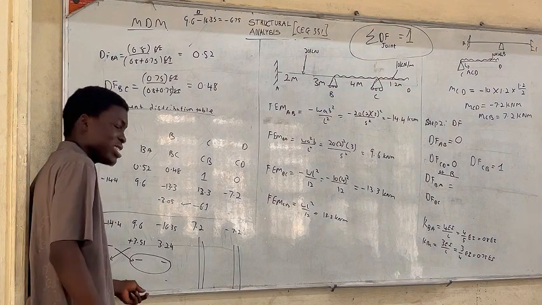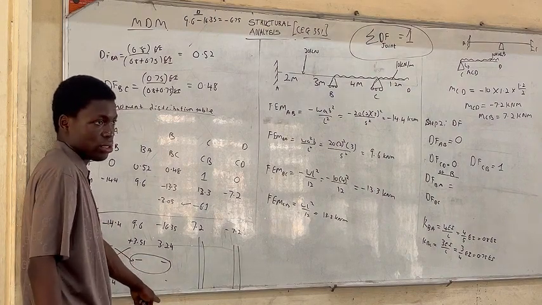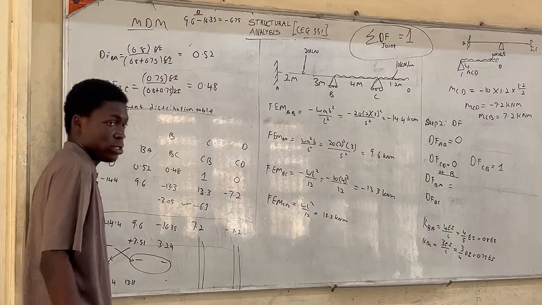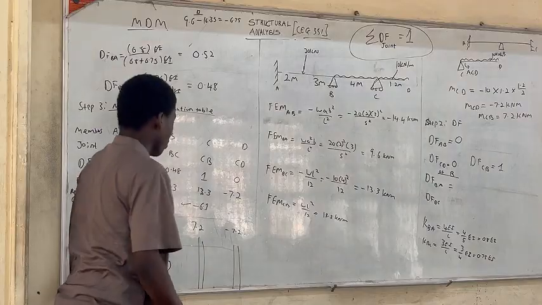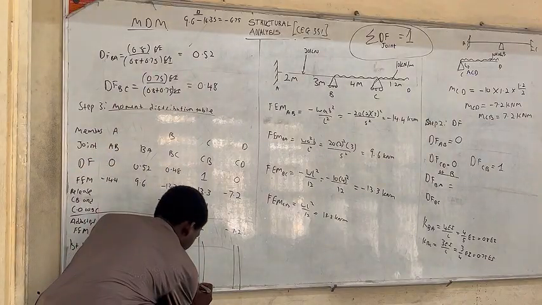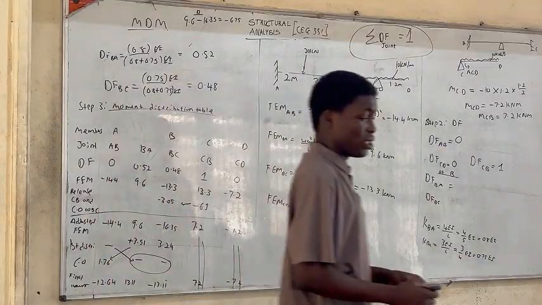You should know that you should get the negative of this answer. If you don't, you are making a mistake. So here is 7.2, minus 7.2. So we are done with our distribution.